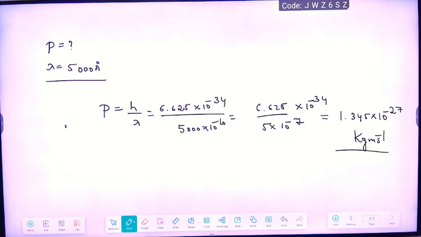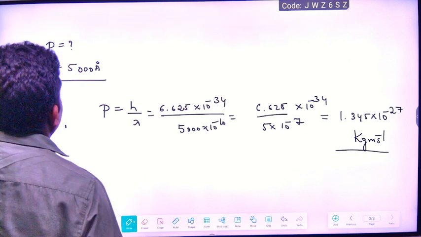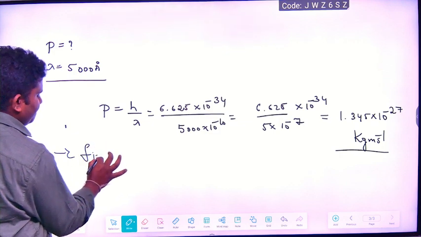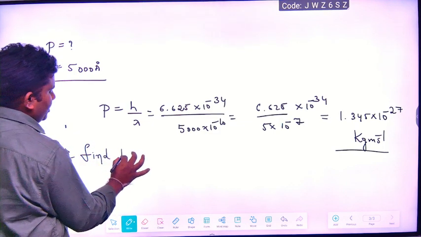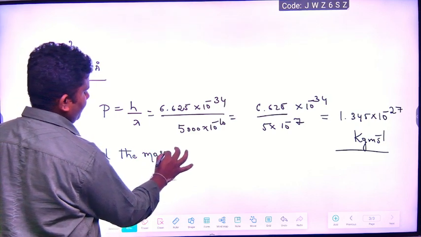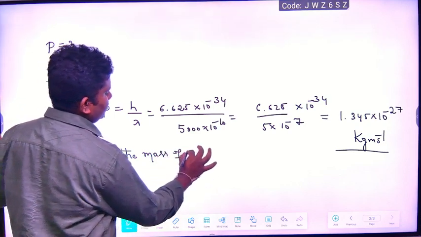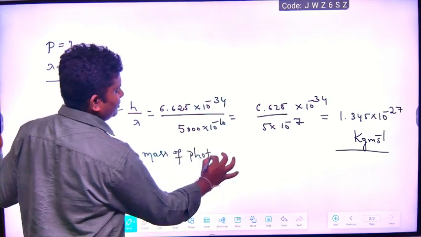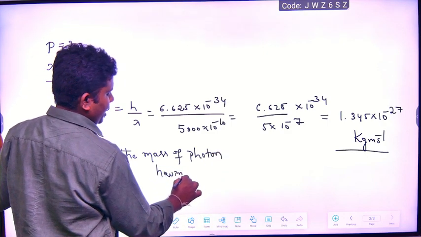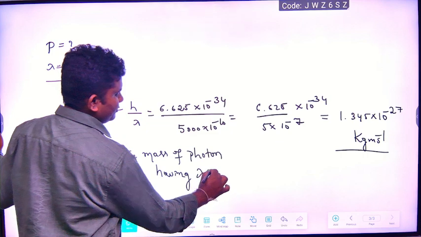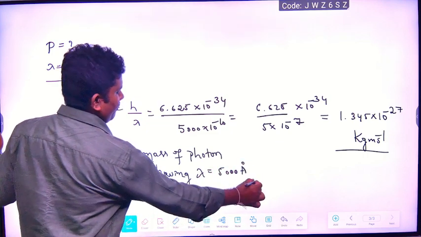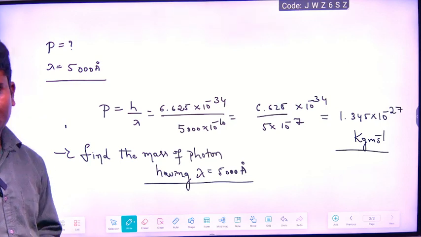Find the mass of a photon having a wavelength lambda equal to 5000 angstrom. Do it.